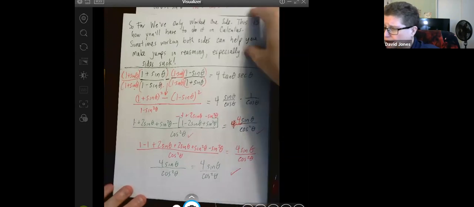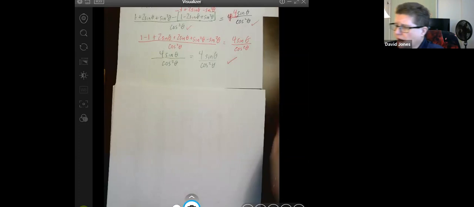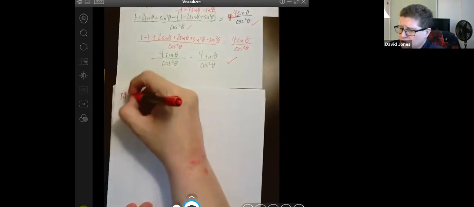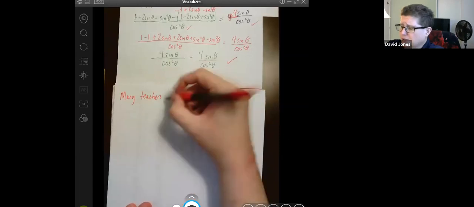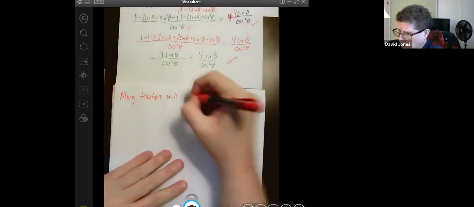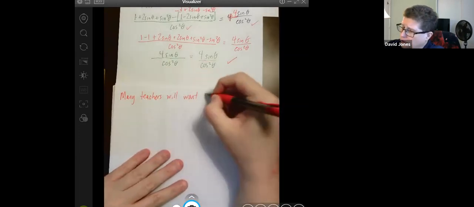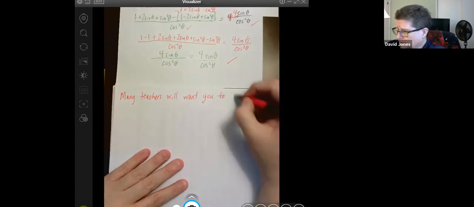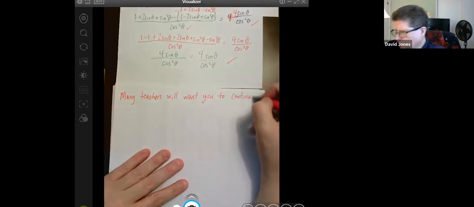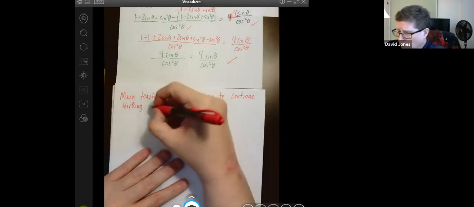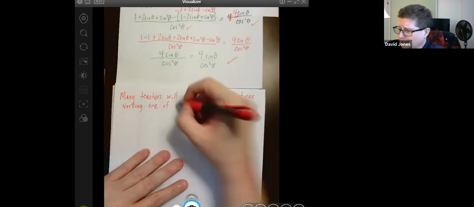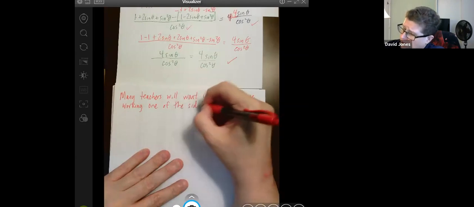Other teachers, and I'm going to show this, many teachers will want you to continue working one of the sides, in this case, the left side, because it's more difficult to get the other.